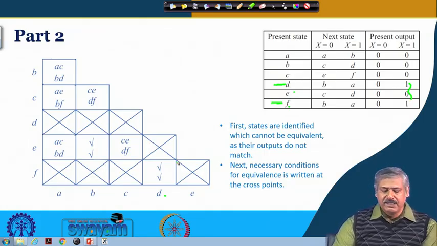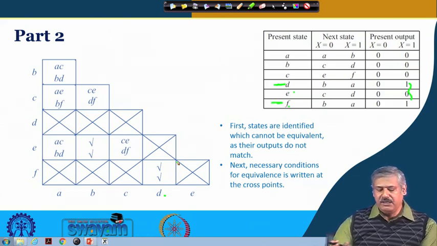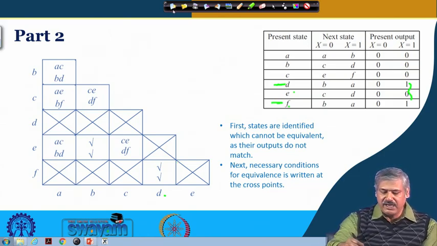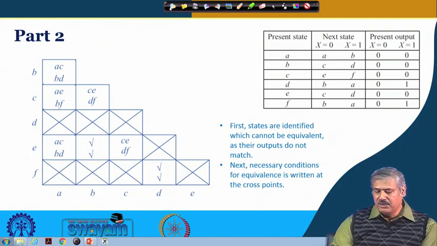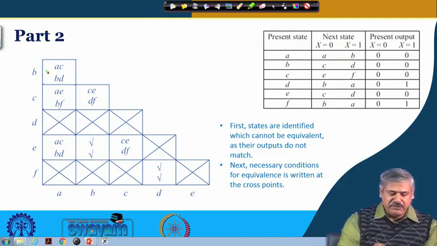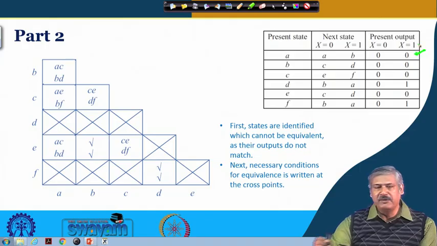Next, once this is done, for the remaining places we look at what are the necessary conditions for equivalence. So, for example, this is the cross point for A and B. A and B will be equivalent, outputs are matching, so we do not have any problem with the output. Now, we are only bothered about the next state.